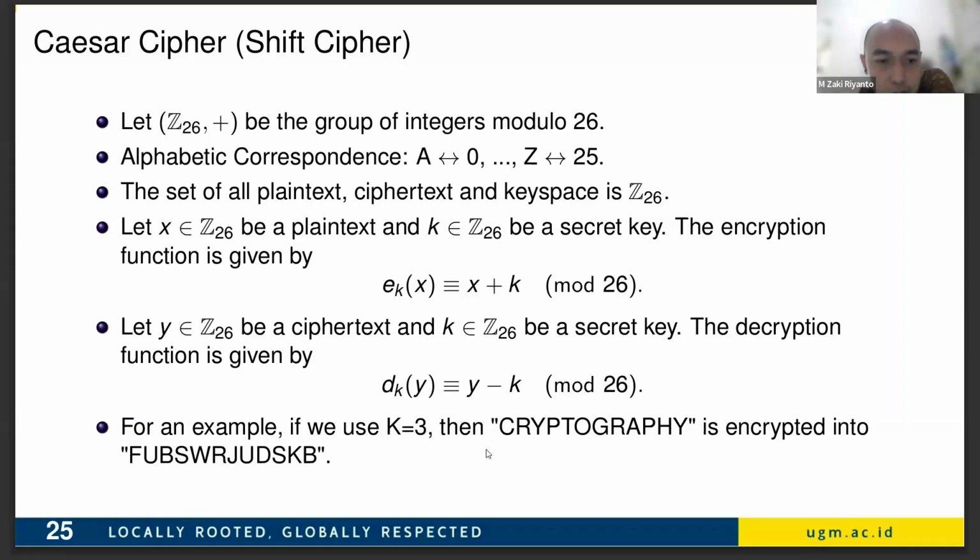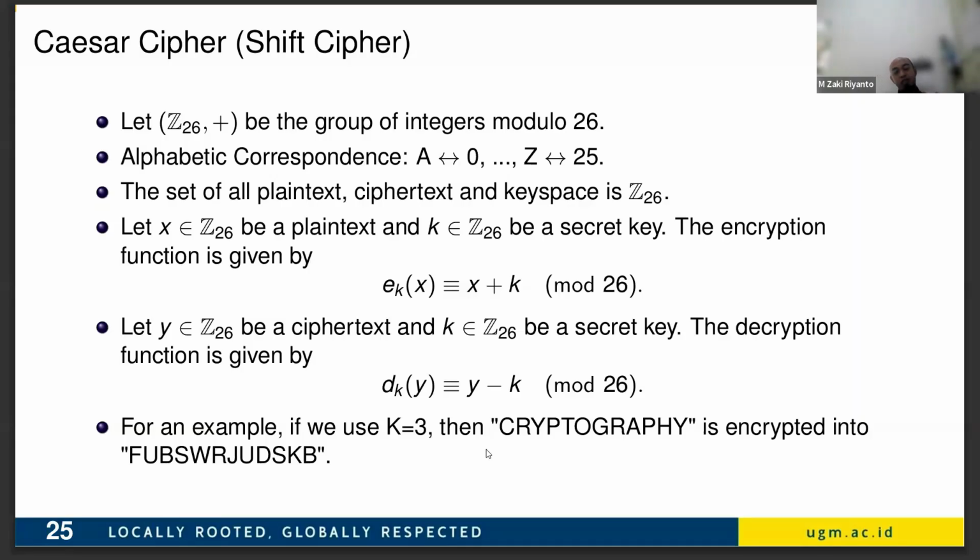And for the plaintext x in Z26 and the key k in Z26, the encryption function of the Caesar cipher is given by x plus k modulo 26. So it's very simple. The shift operation is the addition with k. And the decryption is very simple.